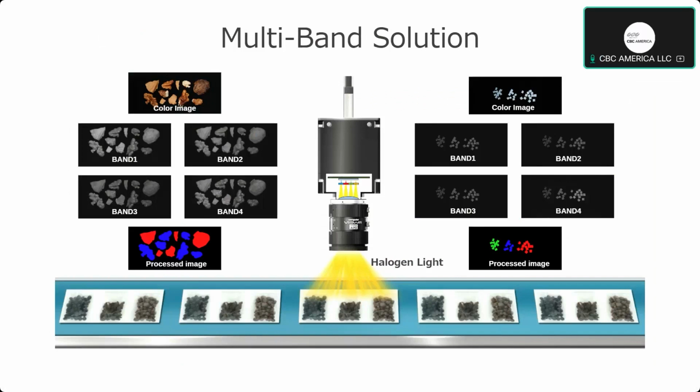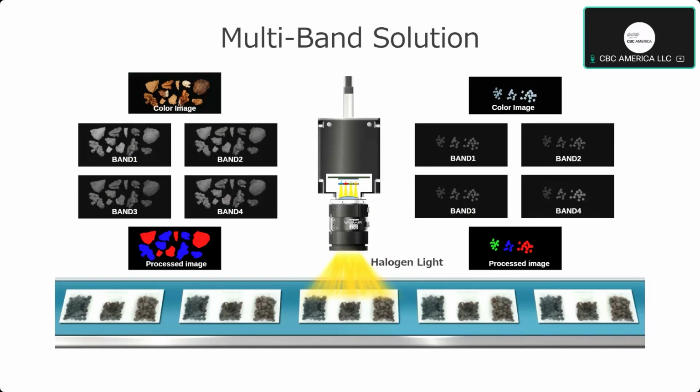So now, using our line scan camera, if we look at the image on the top left, you'll see a walnut and its skin photographed with the color camera. The color of the walnut and the skin are very close, so it seems very difficult to distinguish them with a color camera.